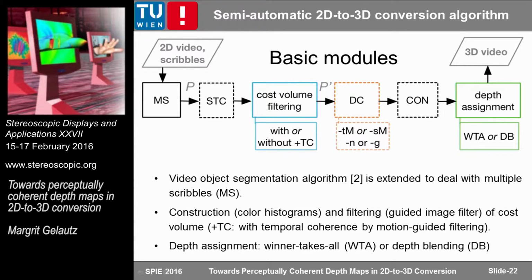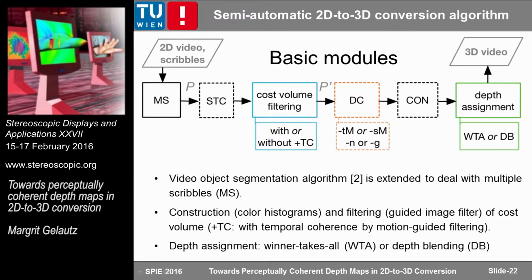Based on the initial scribbles provided by the user, we are able to construct a cost volume that's based on color histograms from the input image, especially from those pixels that were covered by the user-provided scribbles, and we do an edge-preserving filtering of the cost volume using the guided image filter to come up with the filtered cost volume, and then finally there's a depth assignment block which outputs the final 3D video.